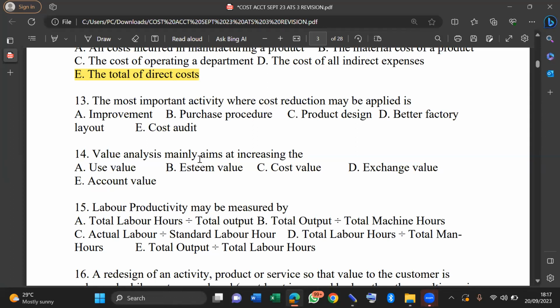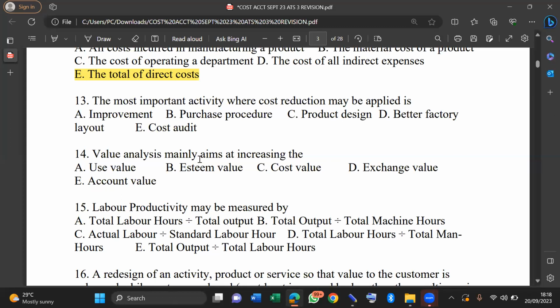So yes, improvement needs to be advanced in order to satisfy that side. So if you consume more cost in doing that, purchase procedure could be in terms of the material used in transformation of the raw material.